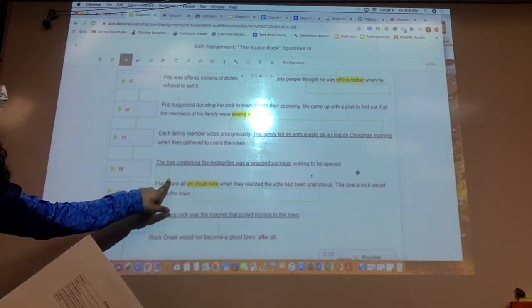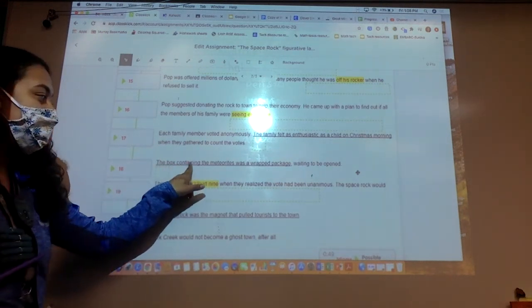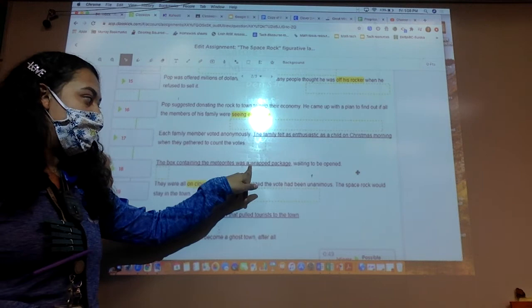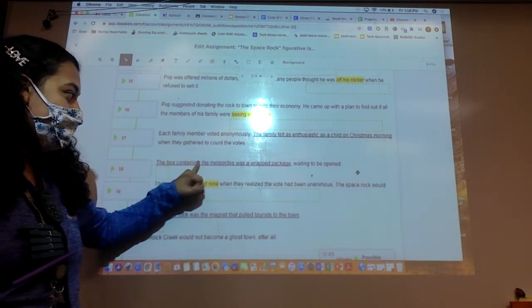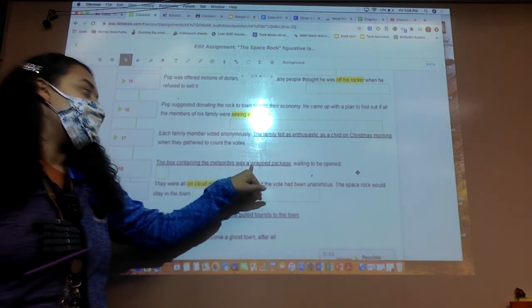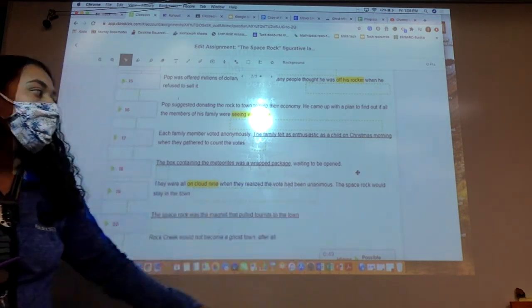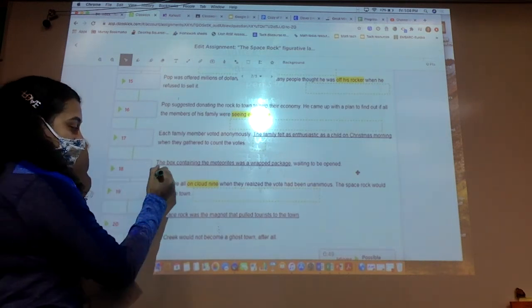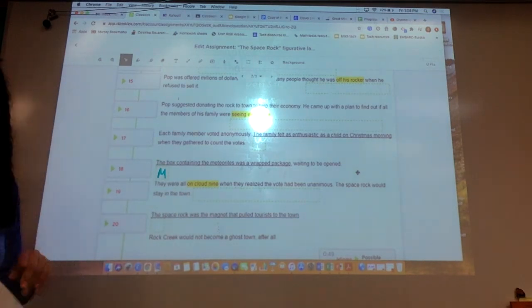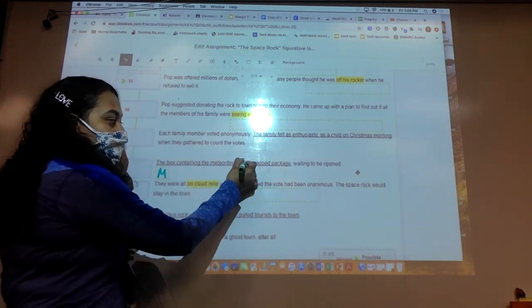Okay, the box containing the meteorites was a wrapped package. So simile or metaphor? Metaphor, right? Because it doesn't have the word like or as, but it has the word was.